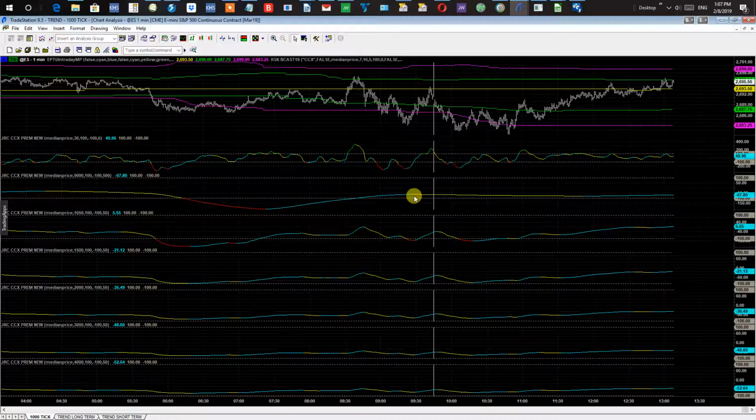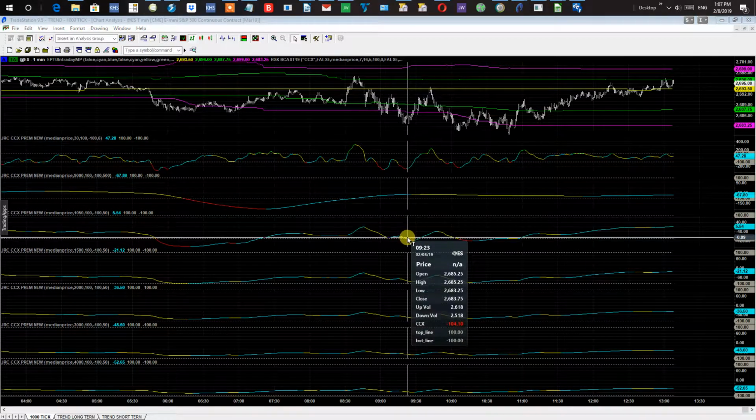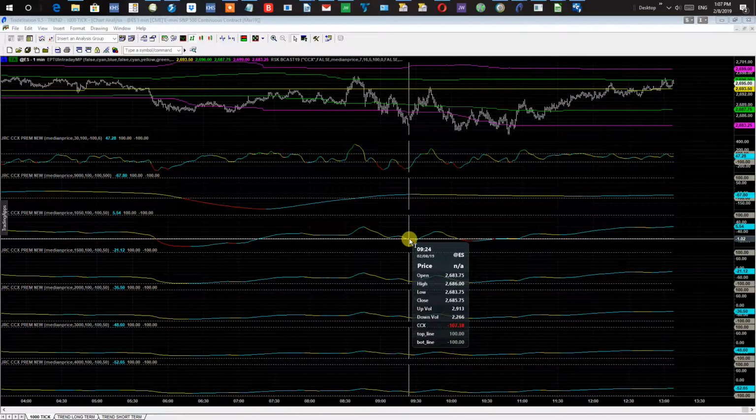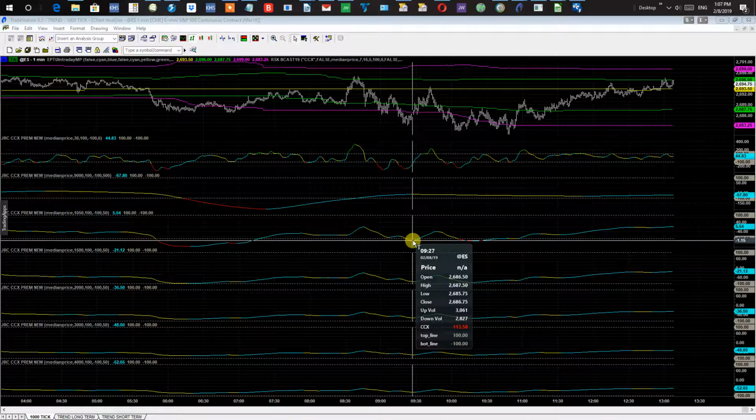So for example, let's say right when you manipulated the strategy, the value of the CCX was, as you see here, negative 107.38. Now let's get it over here. Negative 113.58. Let's just say that's what the value was.